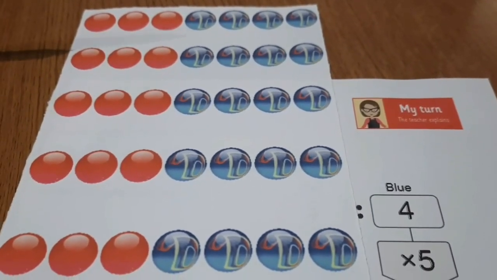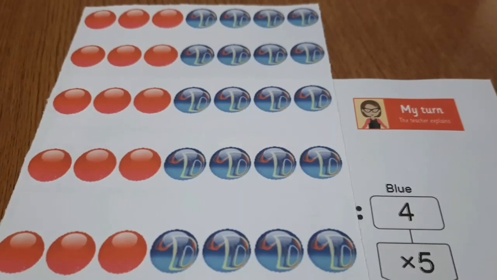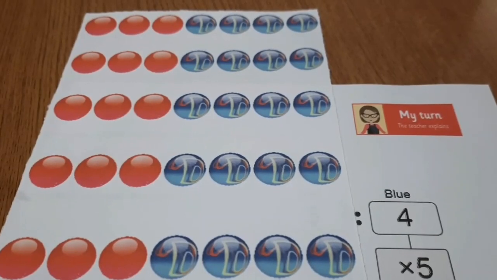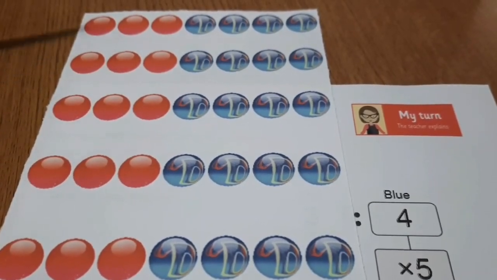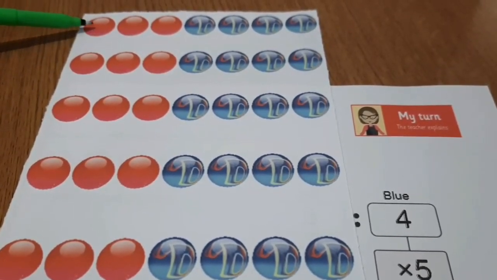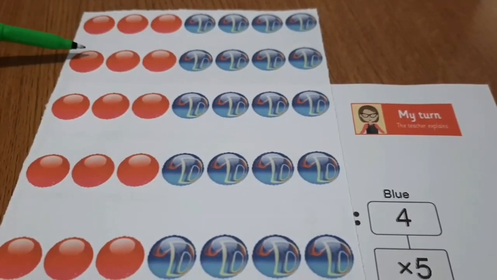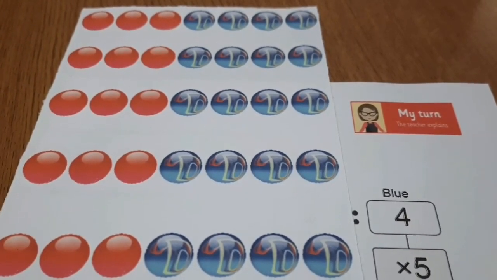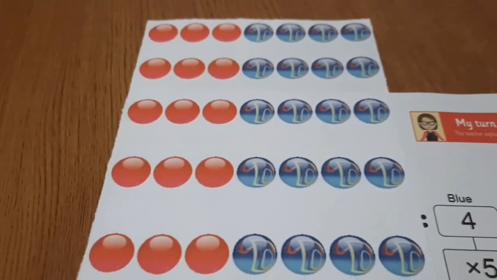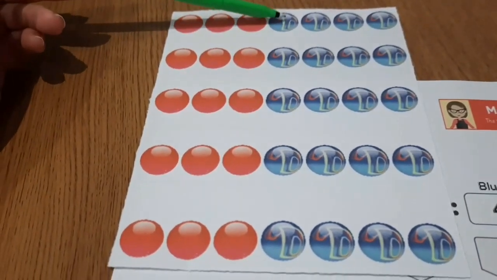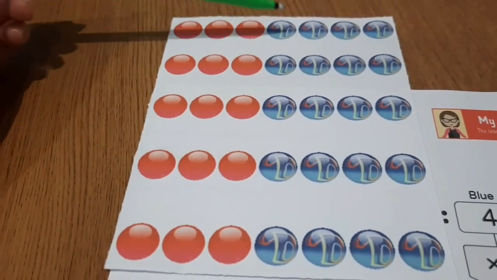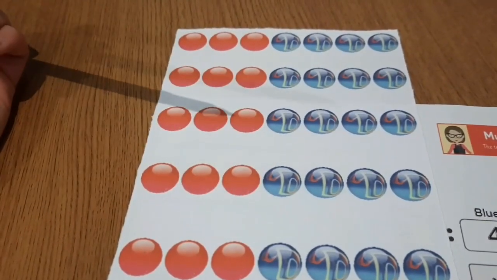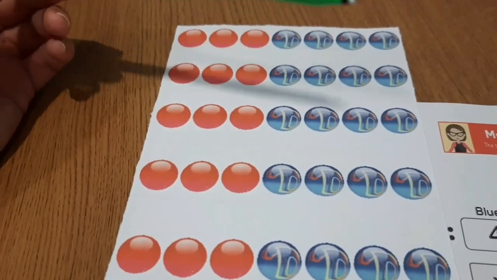So if we wanted to find out how many red marbles there were in 5 packs of marbles, all we would have to do is multiply those 3 red marbles by 5, because we have 5 packs. And then we would do the same to work out the amount of blue marbles, wouldn't we? We've got 4 blue marbles, and if we've got 5 packs, then we would multiply 4 by 5.